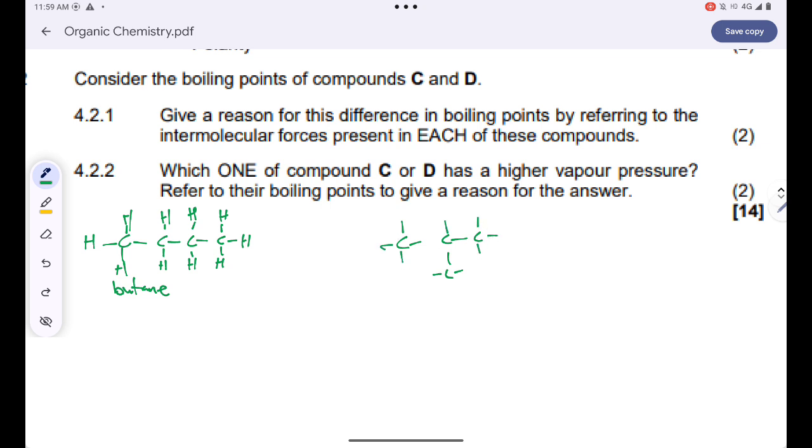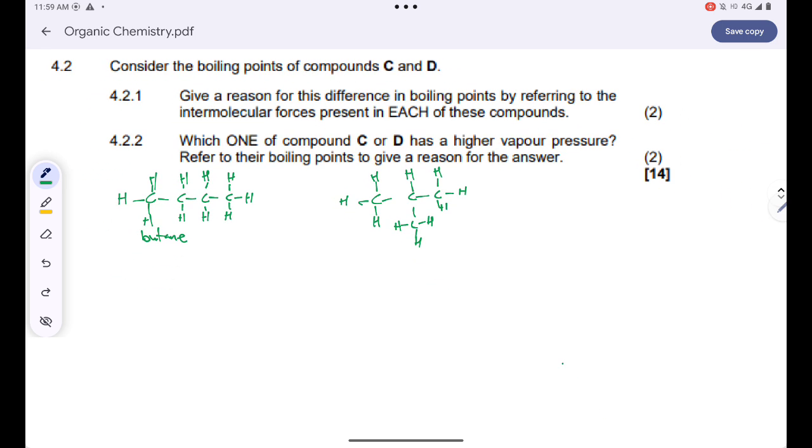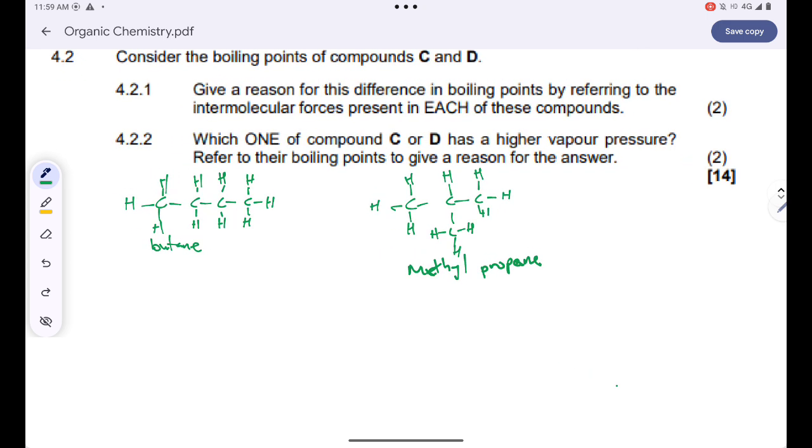It's called methylpropane. Those who want to be fancy can say it's isopropane. Okay, I'm comparing the boiling point of methylpropane with that of butane.